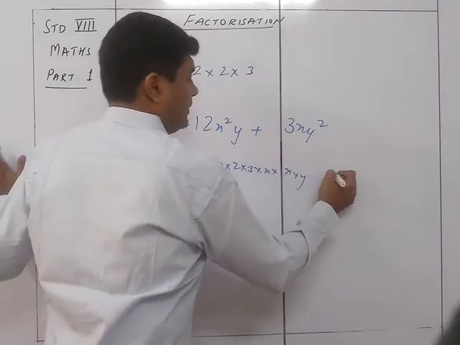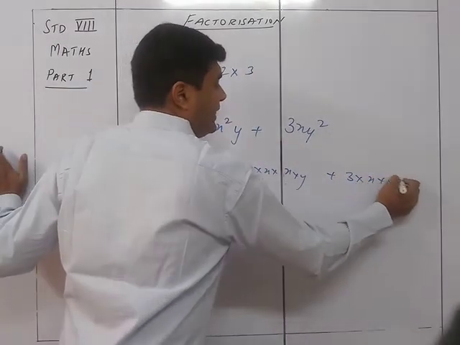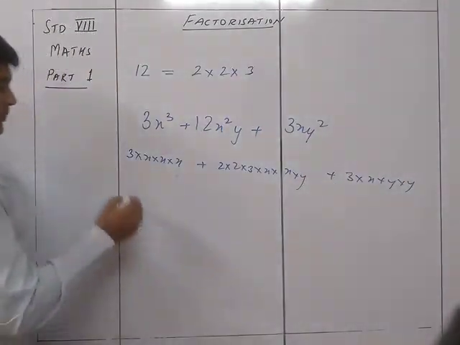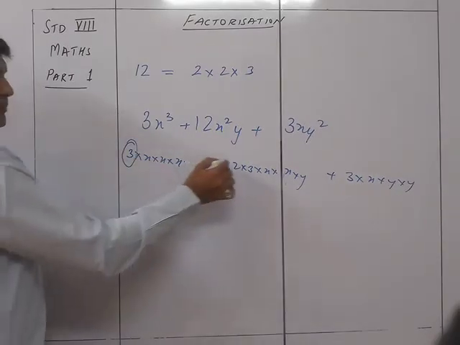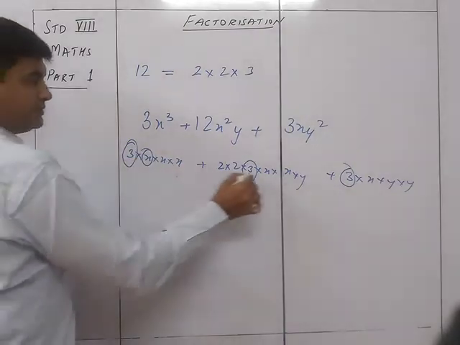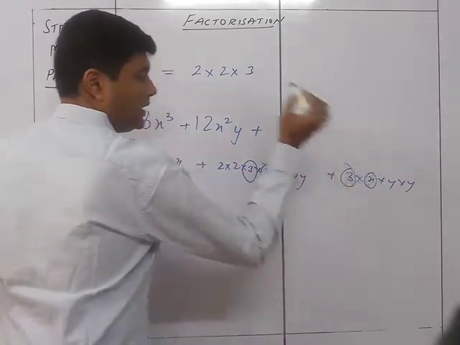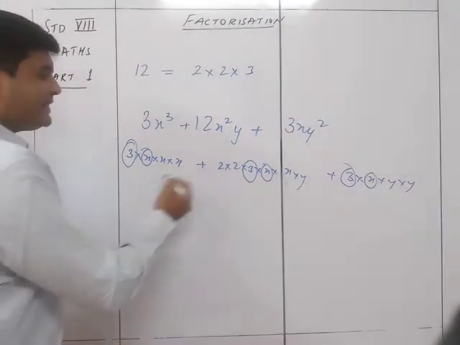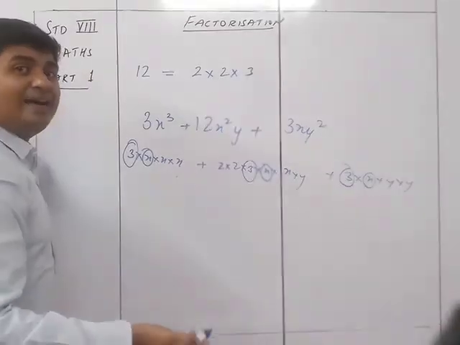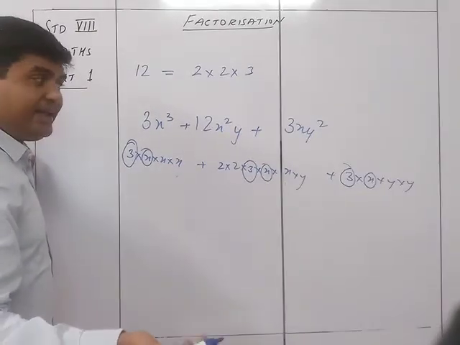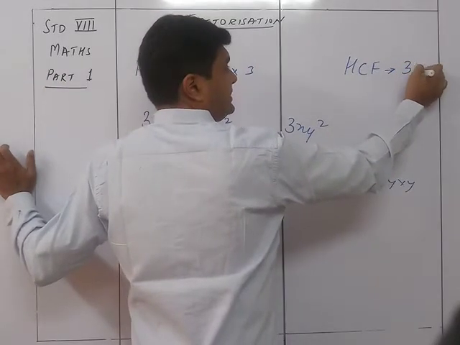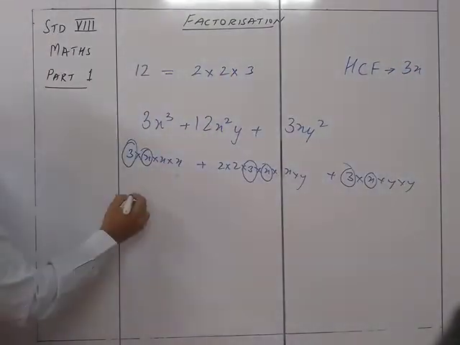And this is 3 into x into y into y. So you can see that in all these terms, this 3 and this x are common. There is nothing else which is common over here. This common part is nothing but the highest common factor, that is HCF. What we found is that the HCF over here is 3x.